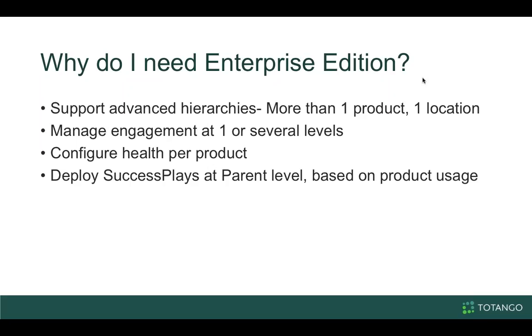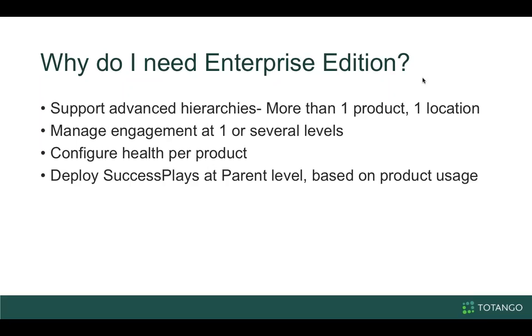The Enterprise Edition is going to allow you to manage engagement at one or multiple levels. So do I need to log a task or a touch point at the parent level, the ultimate parent level, or do I interact and want to log these activities at one of the sub-levels, different products or different children? And with the Enterprise Edition, I'll now be able to define health per product.